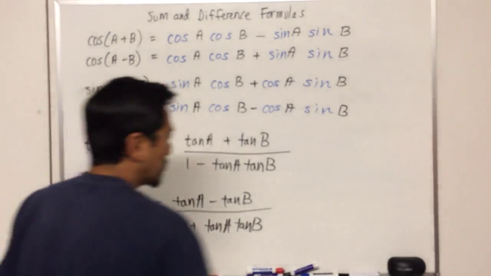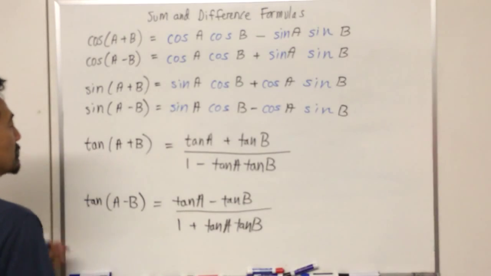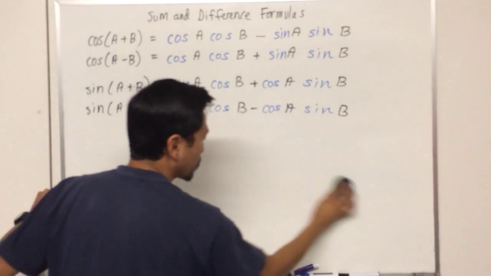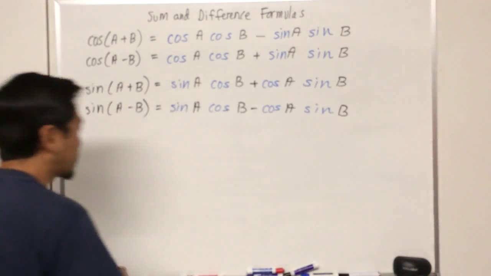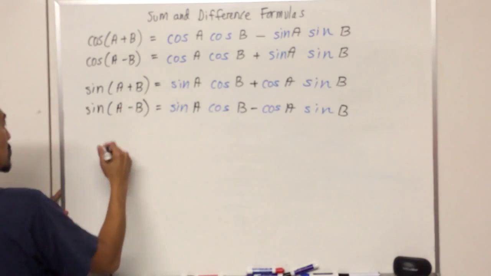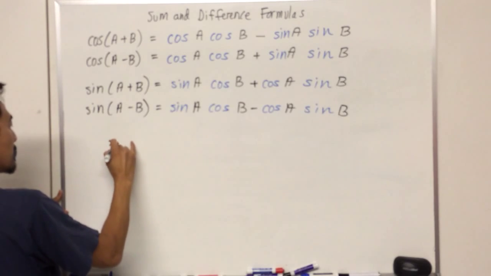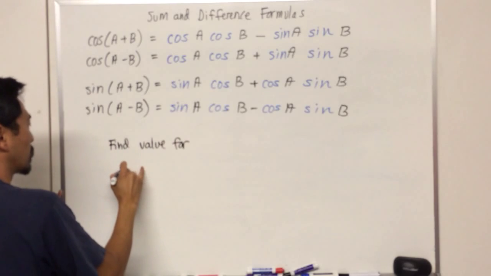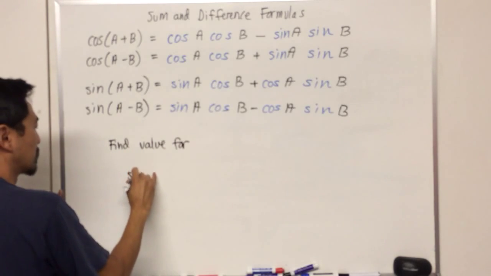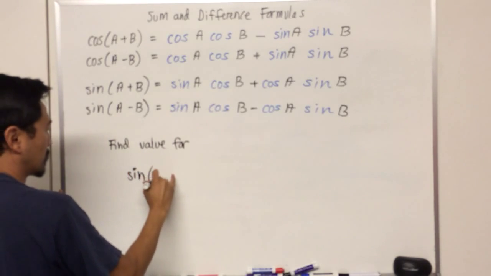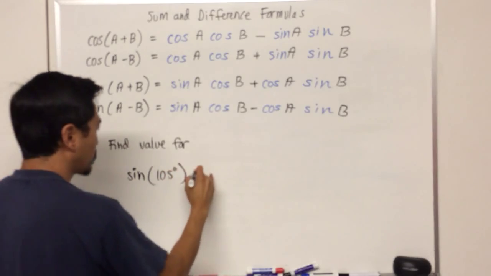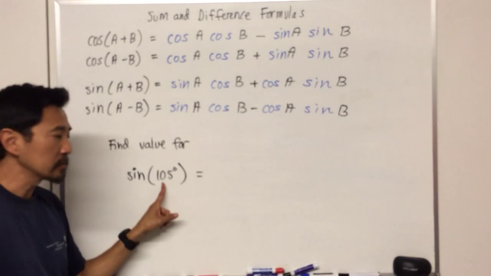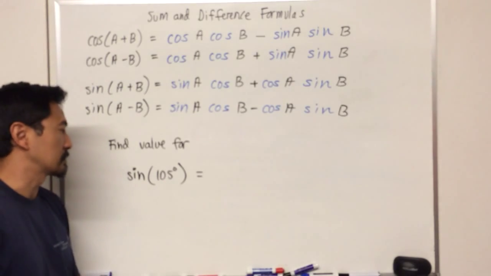So, how can these formulas help me? Well, if you don't mind, I'm going to erase these two, running out of room. Let's say that I wanted to find the exact value for the sine of 105 degrees. Now that is not one of our special angles on the unit circle.